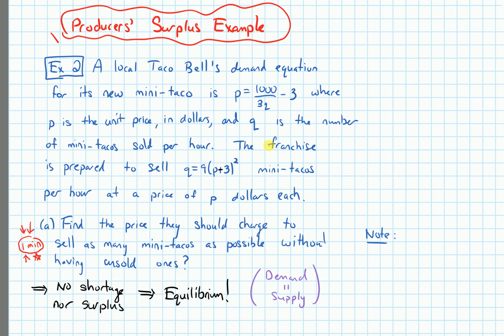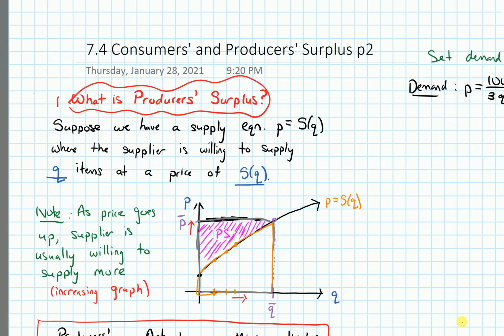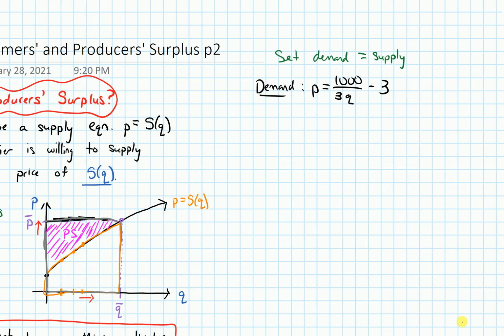It's talking about how much the franchise is prepared to sell, which refers to how much the franchise would be willing to supply and make available for sale. So let's write our supply underneath demand. The supply was that other given equation: Q equals 9 times (P plus 3) squared.